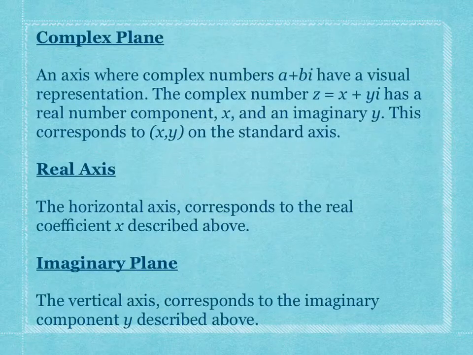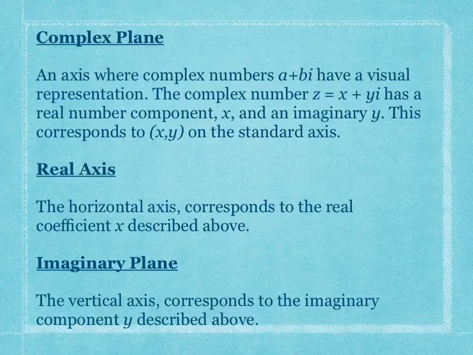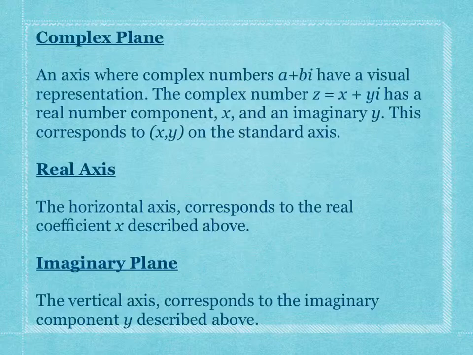And a complex plane is simply an axis where complex numbers, a plus bi, have a visual representation. The complex number z equals x plus yi has a real number component x and an imaginary component y. This corresponds to (x, y) on the standard axis.